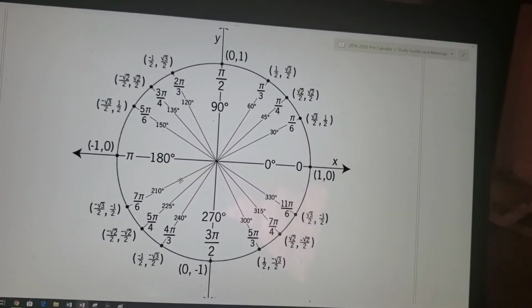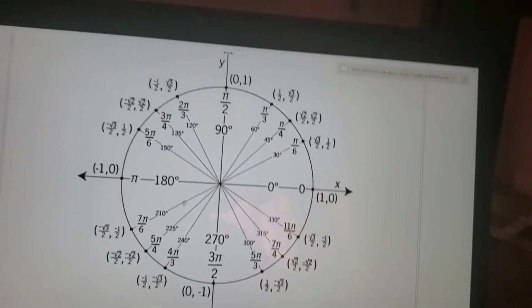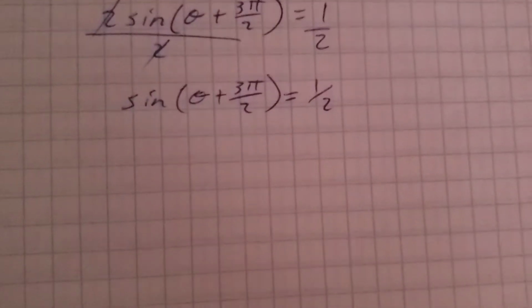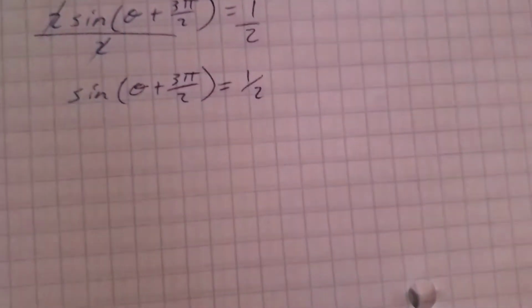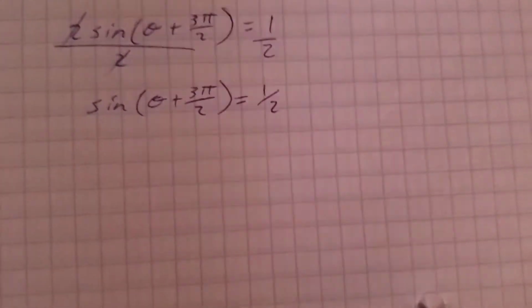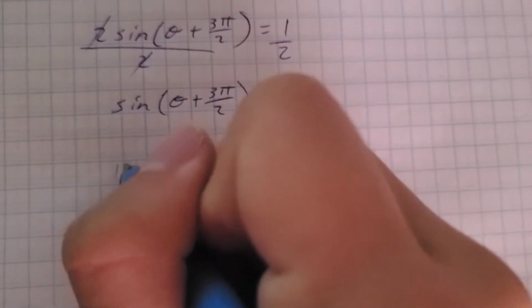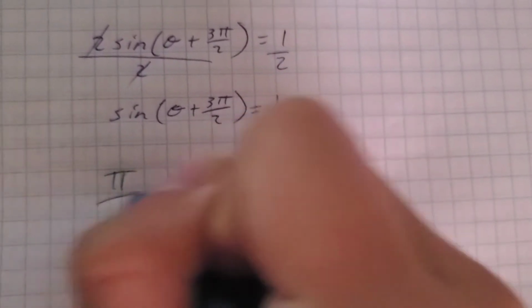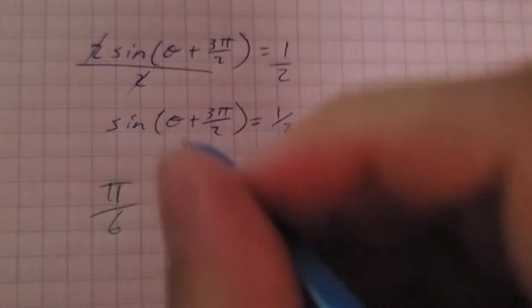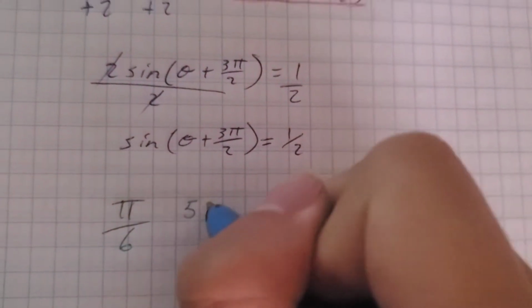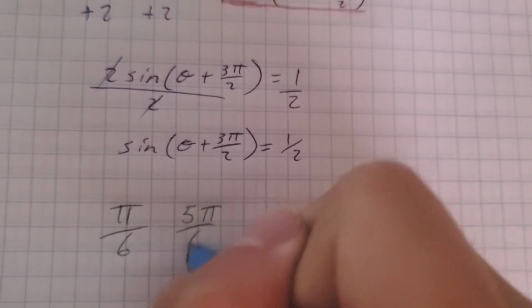Okay, so I'm gonna write down those solutions on my paper, pi over 6 and 5 pi over 6. I'm gonna write them in green, just to point them out a little bit.